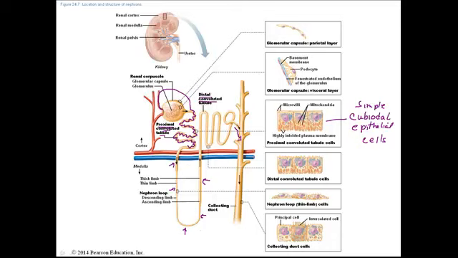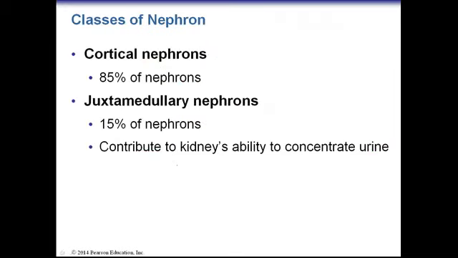And then you have capillaries surrounding all of these loops, and they will either reclaim things that are needed or put things back in. And remember that the fluids in our plasma change almost on a minute-by-minute basis.